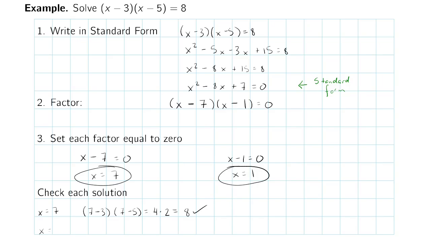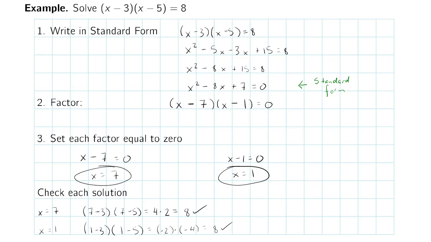For x equals 1, we'll have 1 minus 3 times 1 minus 5. So that'll be negative 2 times negative 4, which also really does equal 8. So plugging in either one of those values makes the equation true. Those really are the solutions to our original equation.